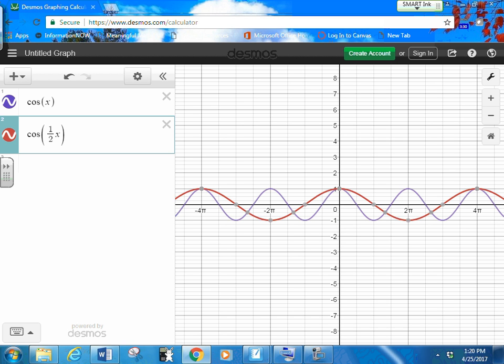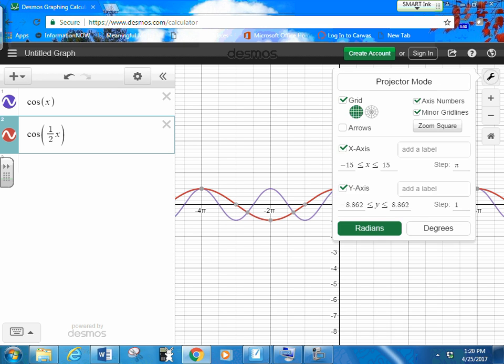Which one are we doing at the moment? Cosine 1/2 x. With the wrench.